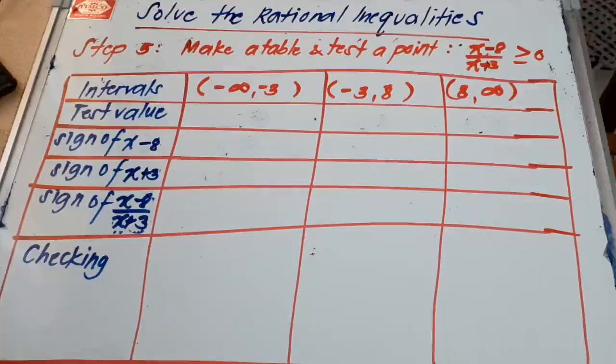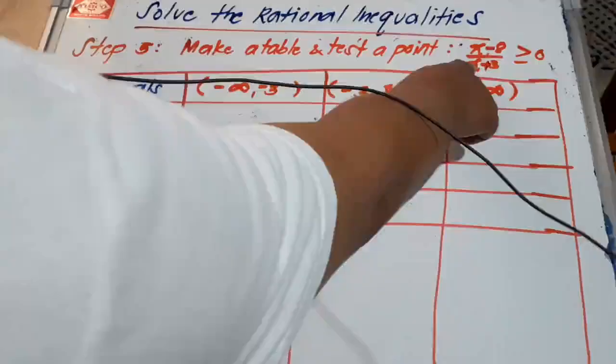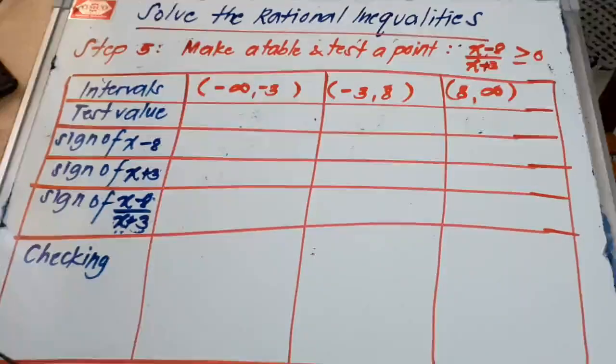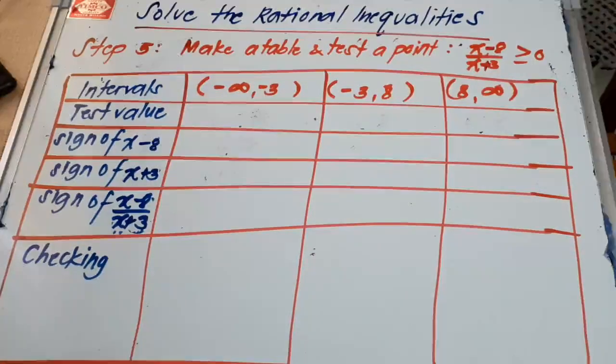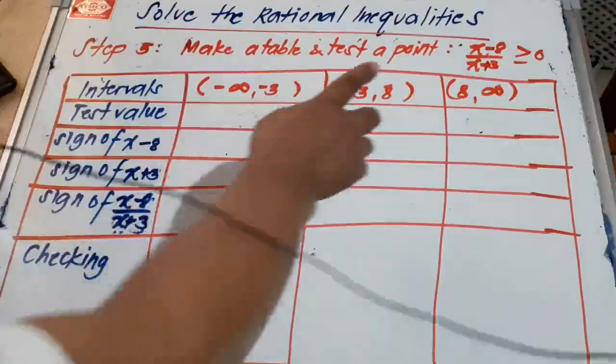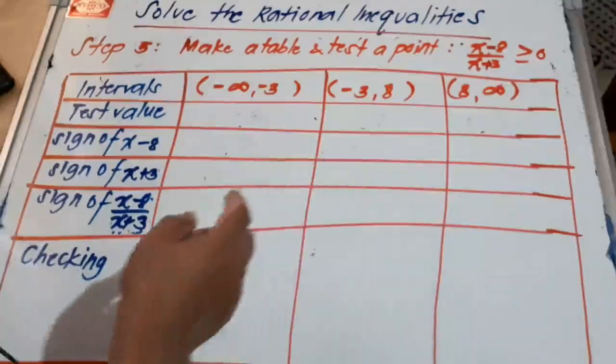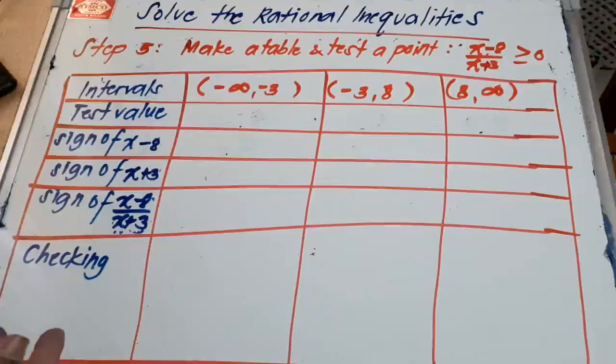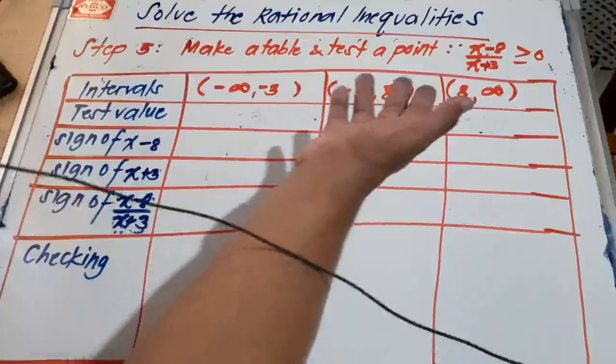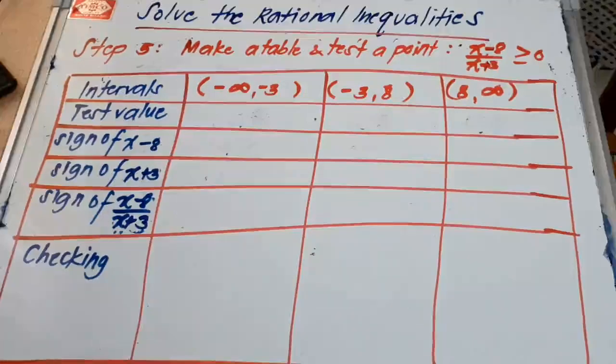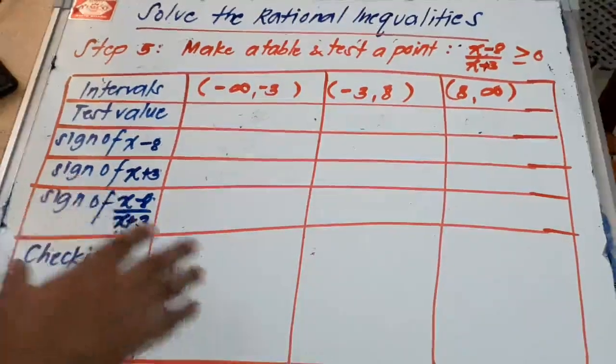So this is our rational inequality now, x minus 8 over x plus 3 greater than or equal to 0. It means that the quotient is either 0 or positive. Okay? That will make this inequality true. Okay. So we have now the table.